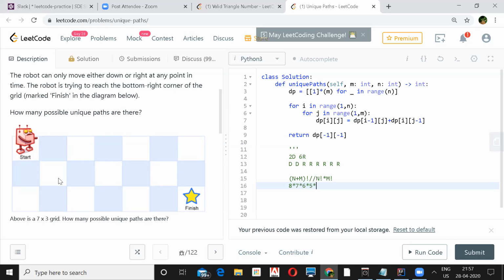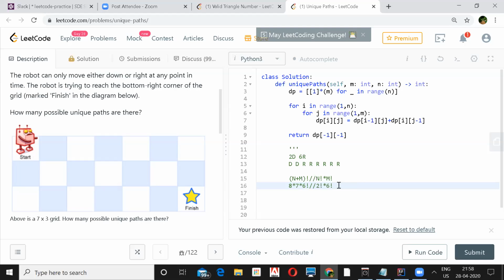If you calculate the full factorials, it would be more expensive, and you might run out of the integer space. Overflow would apply. Yeah, because factorial would be a very big number. So you should not calculate the factorial of n plus m.